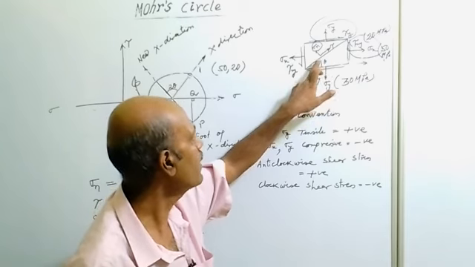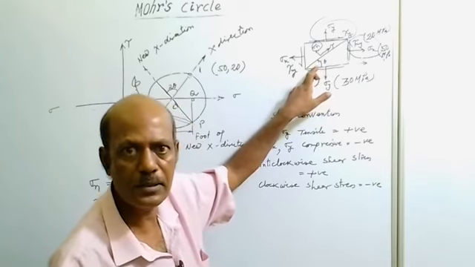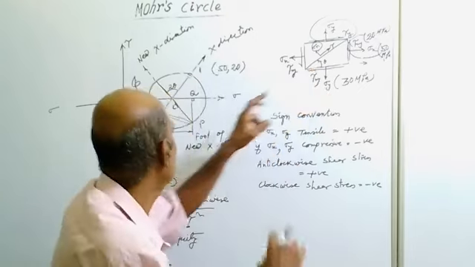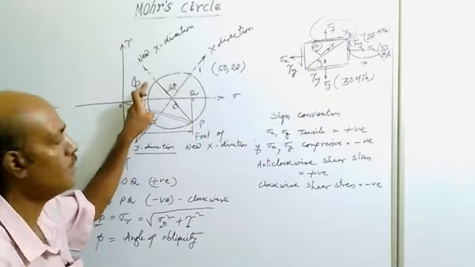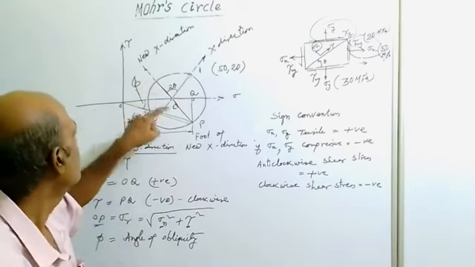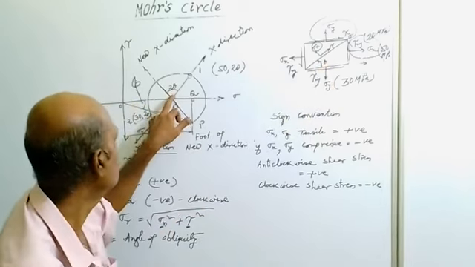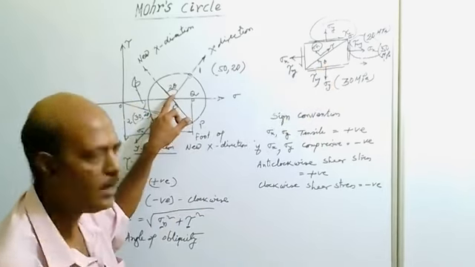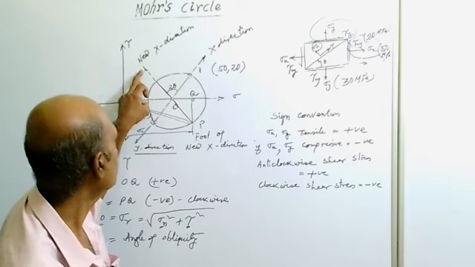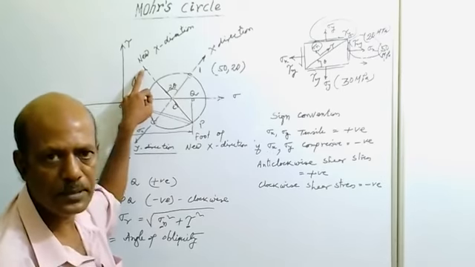So here the inclined plane is located at an angle theta from x axis in anti-clockwise sense. So we will rotate x direction in anti-clockwise sense by 2 theta angle. If we rotate twice this angle, the x direction is shifted here. So we are giving the name new x direction.